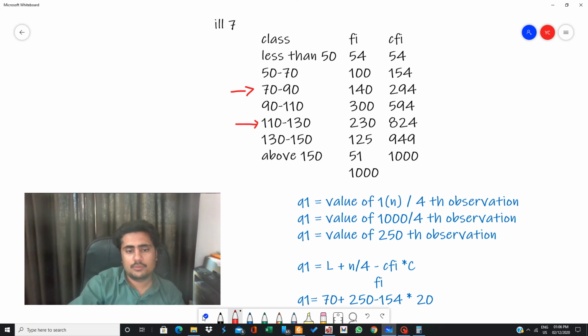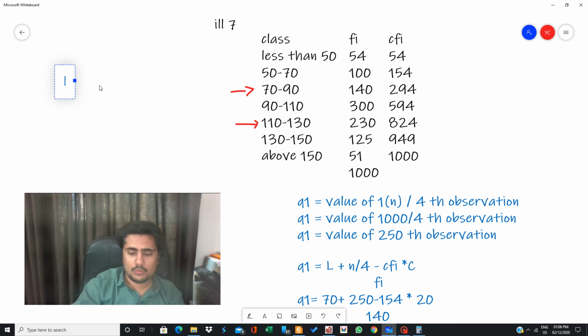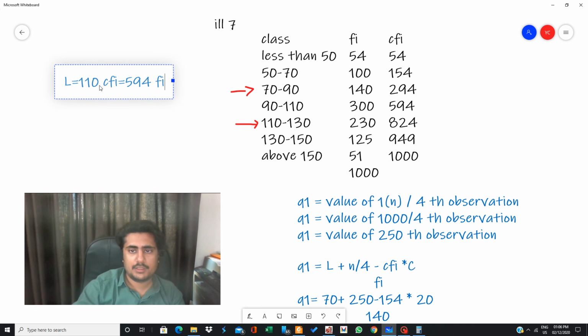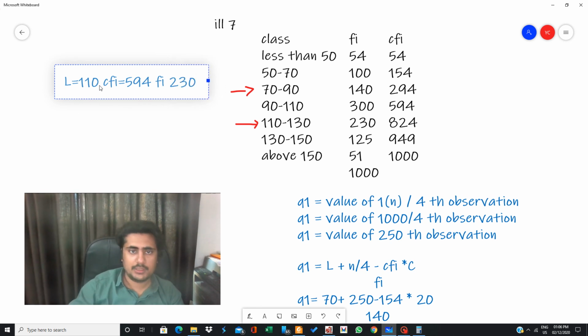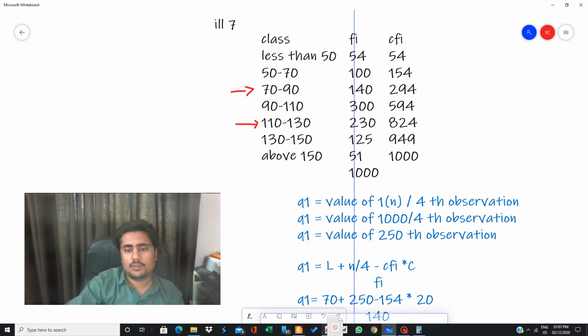So if you summarize everything here, you will get the lower boundary as 110, CFI as 594, FI as 230, class length as 20. So this is the summary which we are taking for Q3.